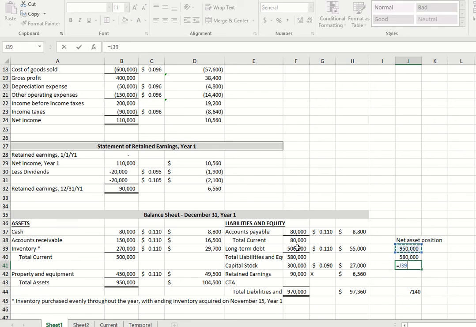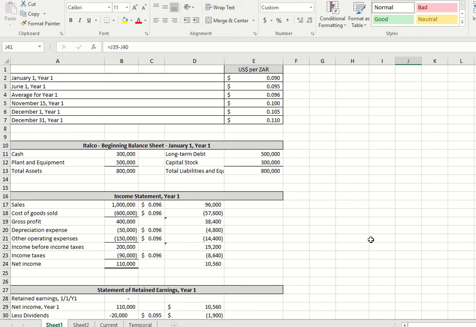So I could take the difference of my assets at a current rate and my liabilities at a current rate. Assets minus liabilities. And this would be a net asset exposure, because I am in a positive, right? My assets are more than my liabilities that are exposed to that current rate. So I was in a net asset position.